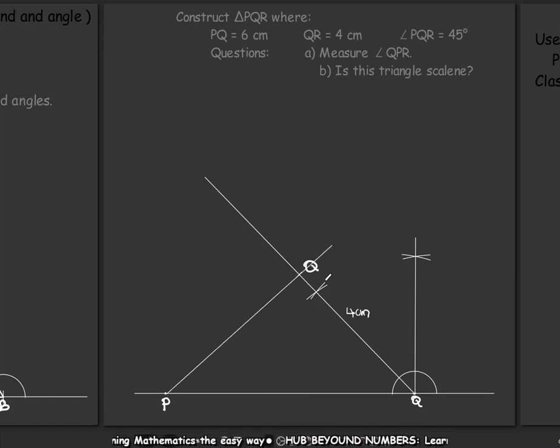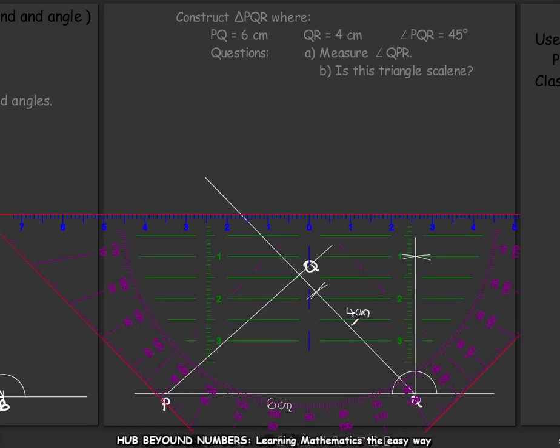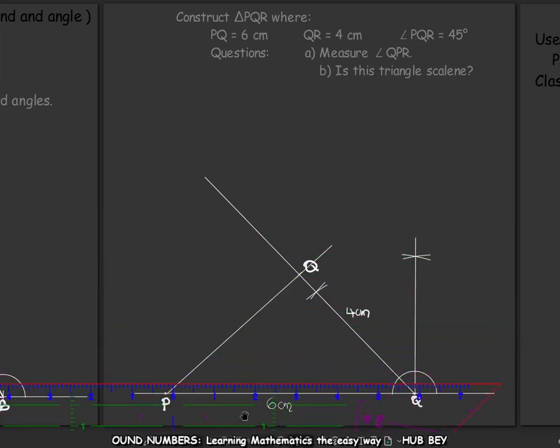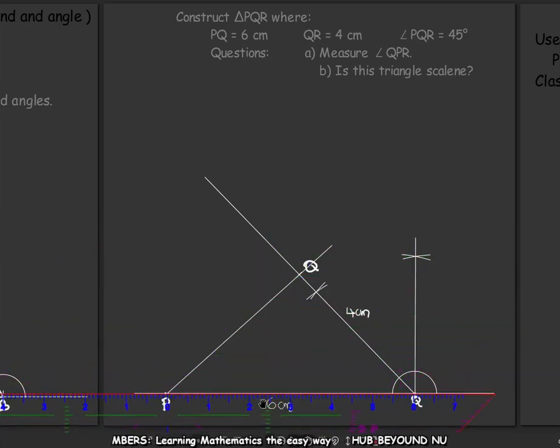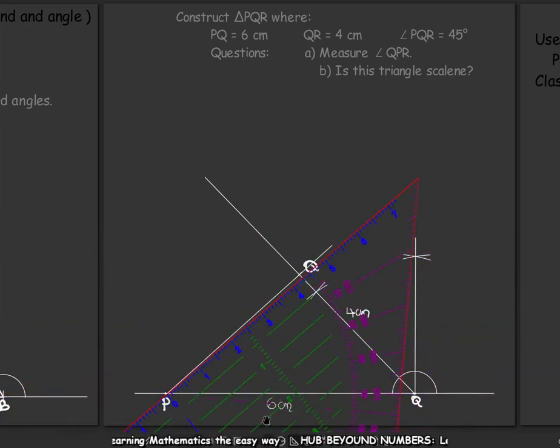Now done. Now what remains is the triangle classification. How do we know if a triangle is scalene? It is scalene if all the sides are what? Different. They are all of different measurements. So let's measure PR and see if at least we are going to get two of them to be the same. So here I'm going to measure PR.